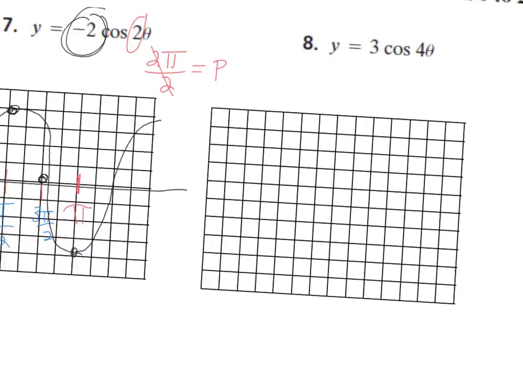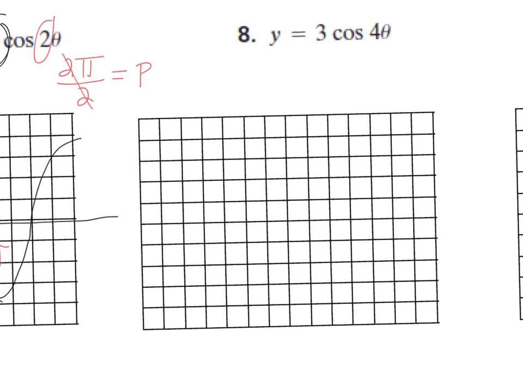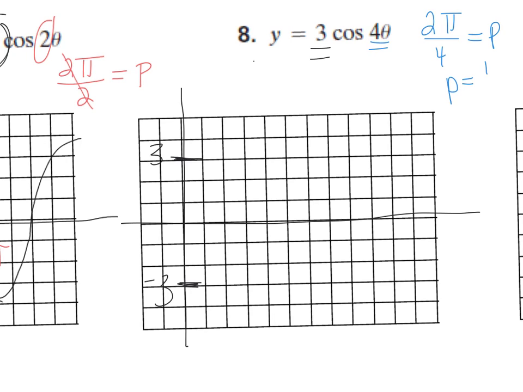And for the next one, the amplitude is 3. So I go up 3, and it's not negative. So 3, negative 3, it's starting up. And then I'm going to set b as 4. So I'm going to do 2 pi divided by 4 equals the period. So the period is 1/2 pi, or pi over 2.